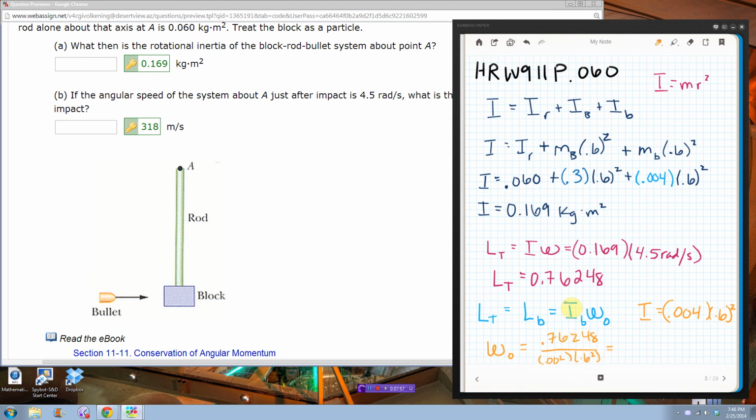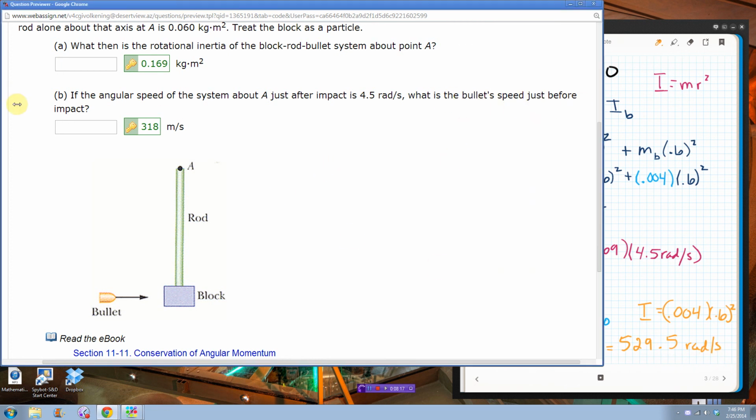So that's going to give me the angular velocity, and I get, hang on, I can just do this. Alright, that gives me 529.5 radians per second. And then finally, they want the bullet's speed.